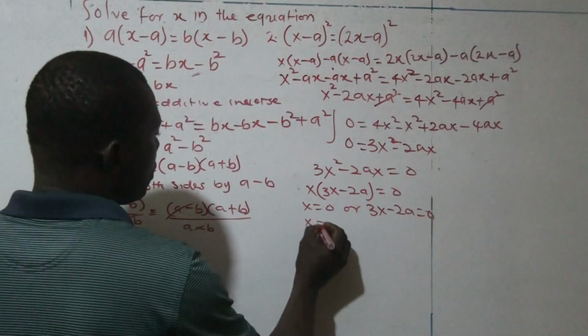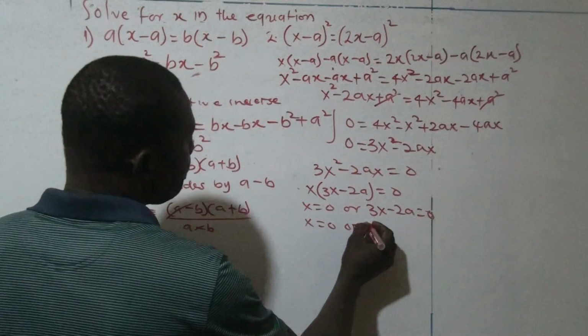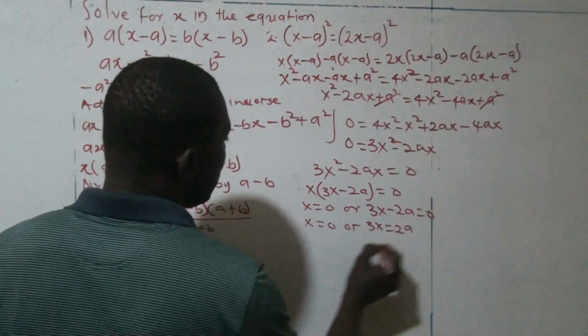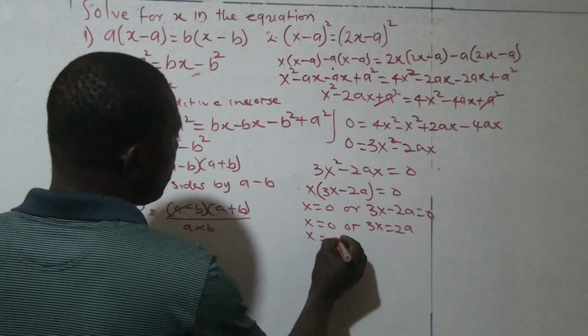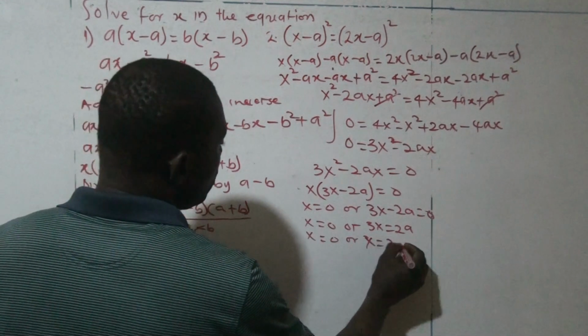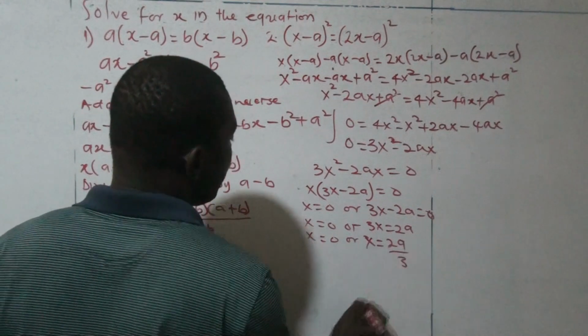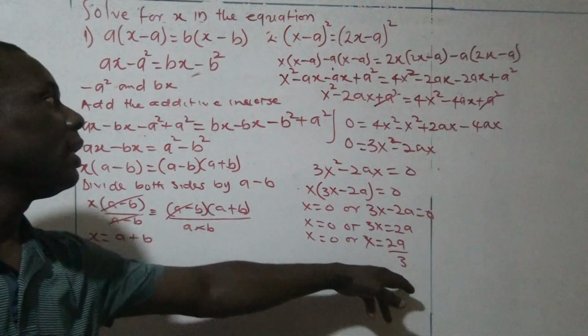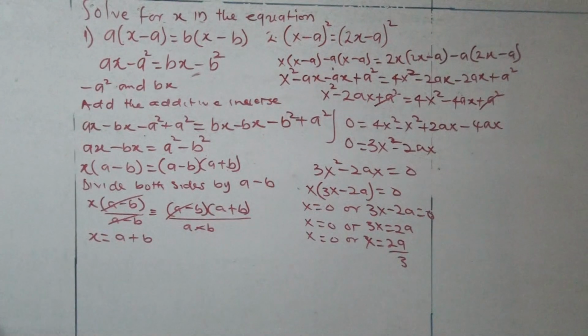So x is equal to 0, or 3x is equal to 2a. x is equal to 0, or x is equal to 2a divided by 3. So these are the possible values of x in the second equation.